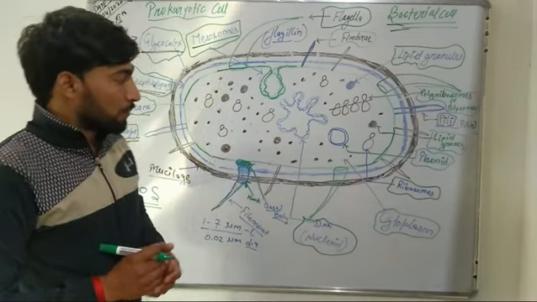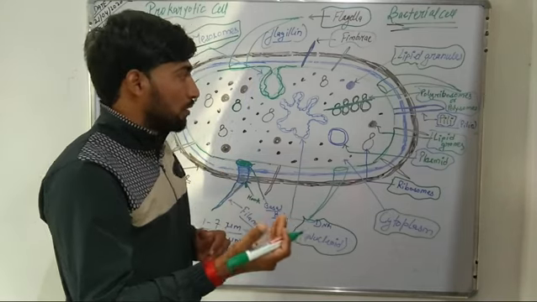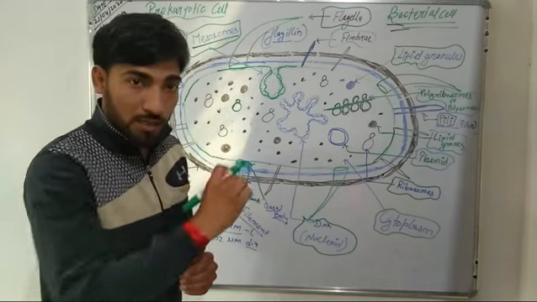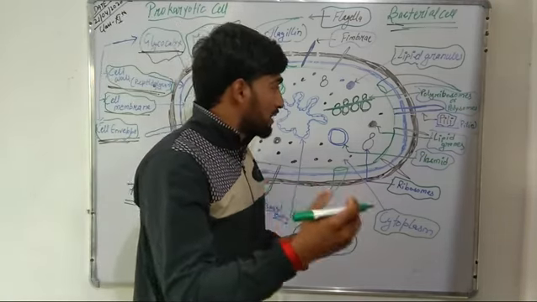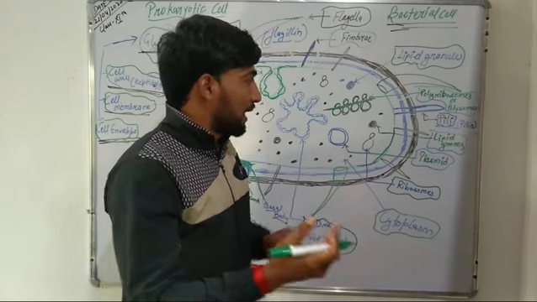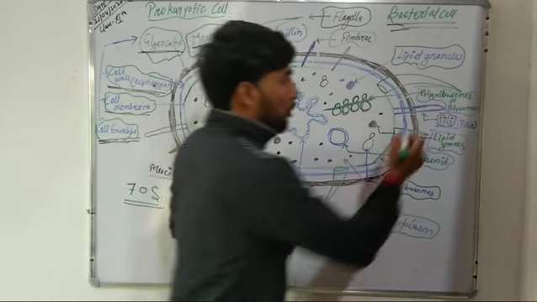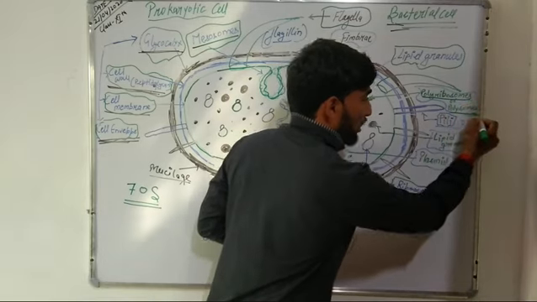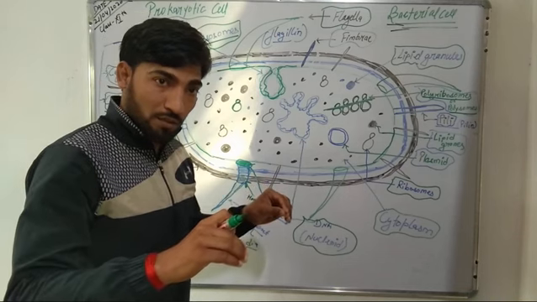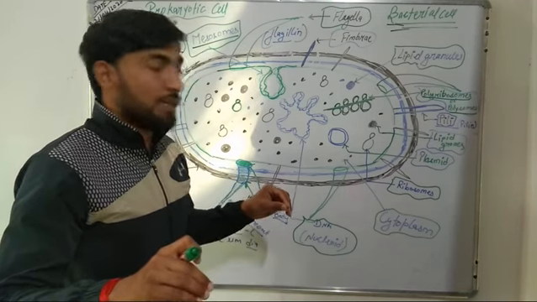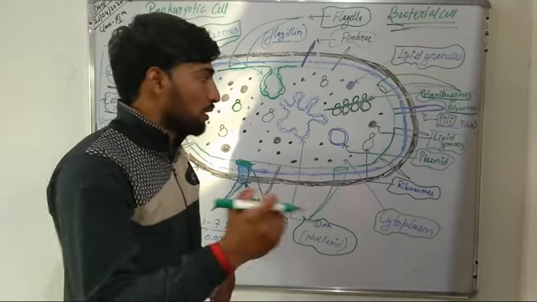So here is a ribosome, this is another ribosome, and another, and they are attached to an mRNA. When several ribosomes get attached to a single mRNA, that polycistronic gene gets translated, and these ribosomes are known as polyribosomes, or simply polysomes.